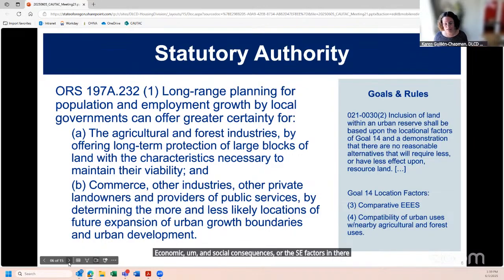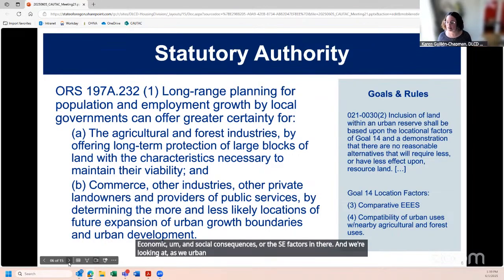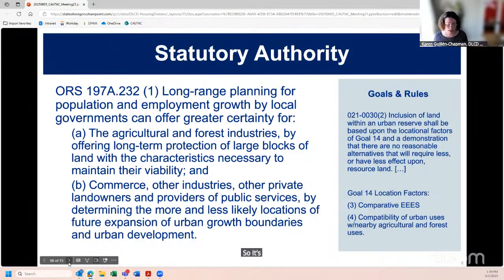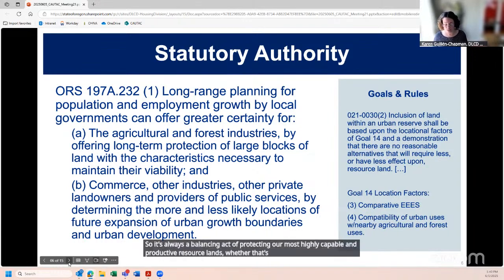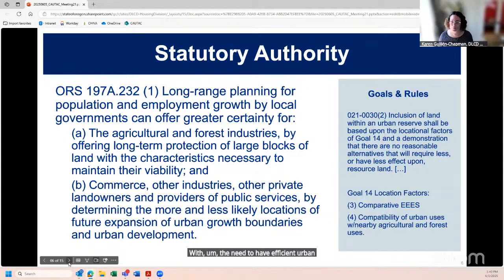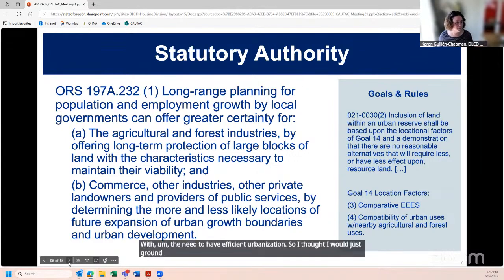And we're looking at, as we urbanize, what is the compatibility of these urban uses with the nearby agriculture and forest lands. So it's always a balancing act of protecting our most highly capable and productive resource lands, whether that's timber and forest lands or agricultural and farming lands, with the need to have efficient urbanization. So I thought I would just ground us in that.